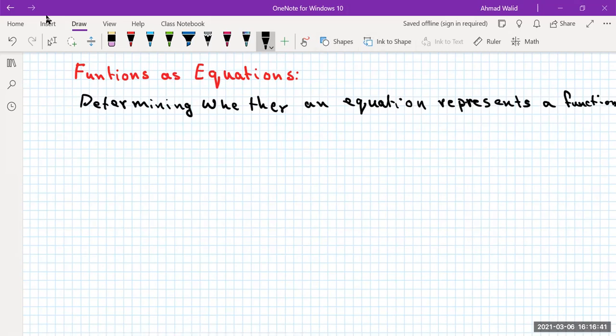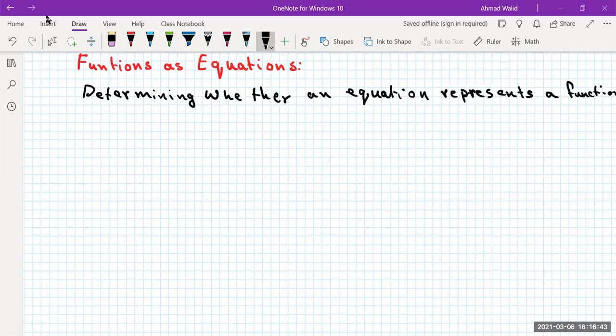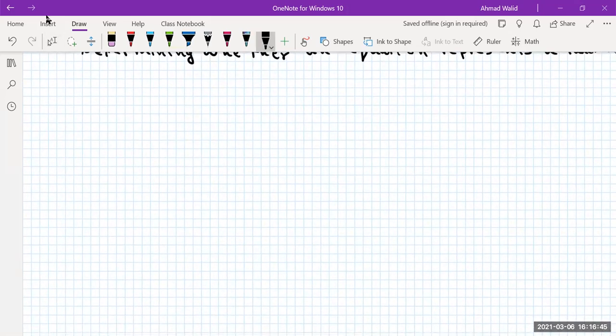Let's talk first about the red part, function as an equation. Any equation that you see written in the form of y equals something, for example y equals x plus 1, or in general any equation in two variables, can represent a function.